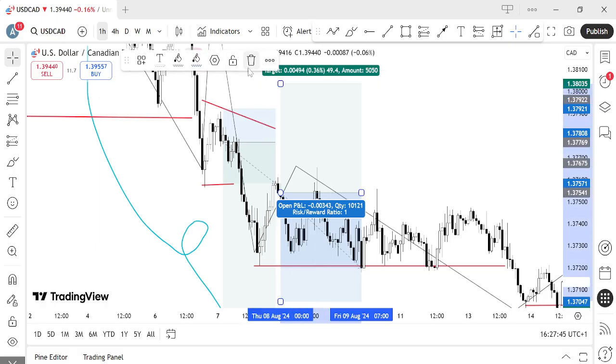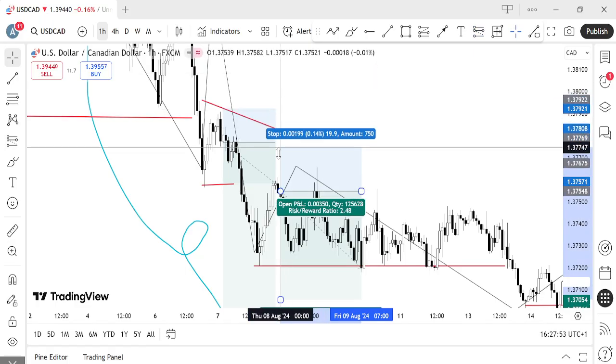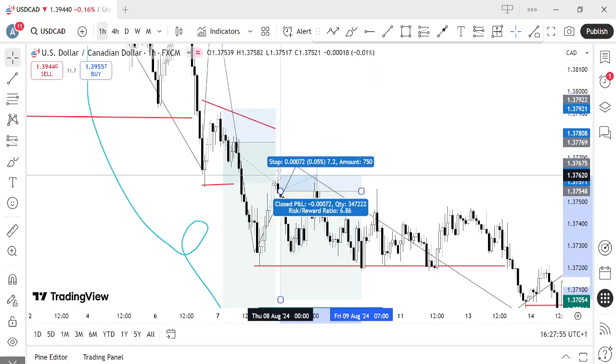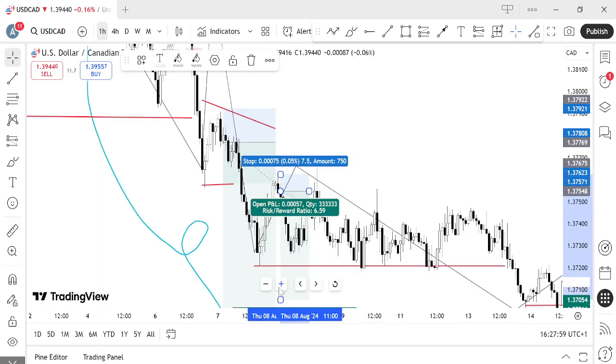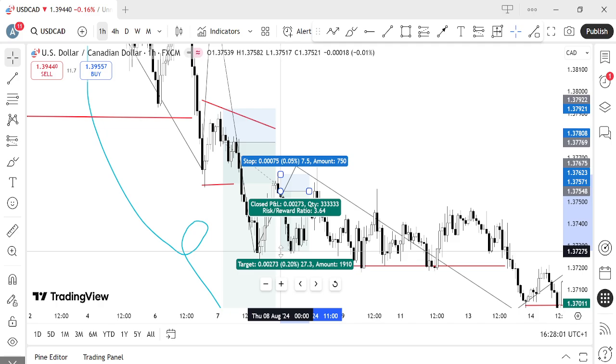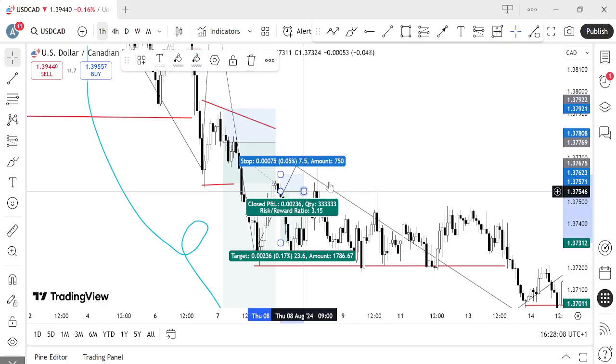I think no, that's not the right one. Okay. This is another valid entry too. That's an engulfing candle right there. So let's look for a 1:5 or 1:3. Obviously we get the 1:3 right there before the reversal that took us out.